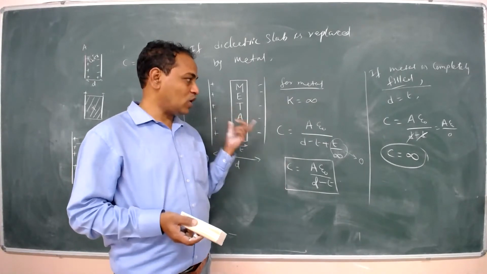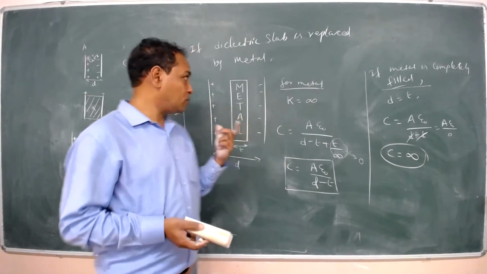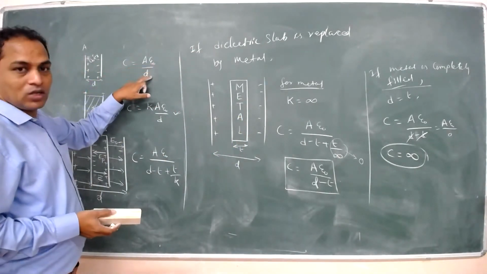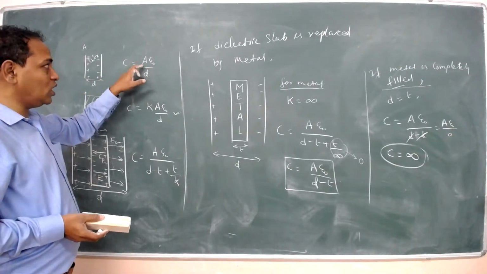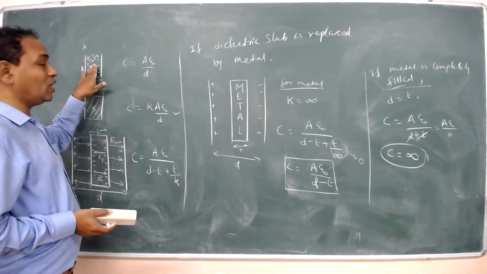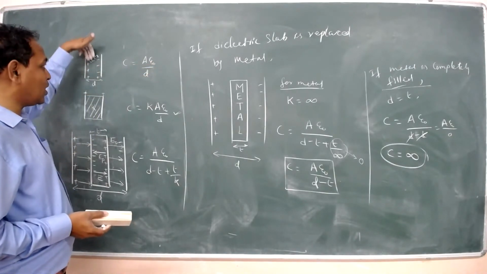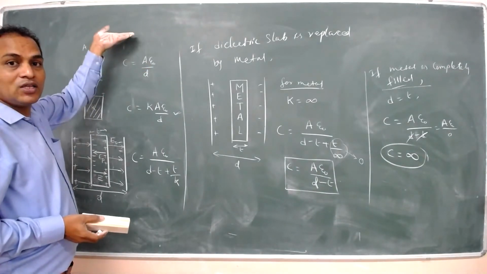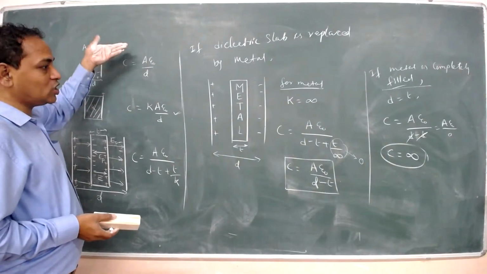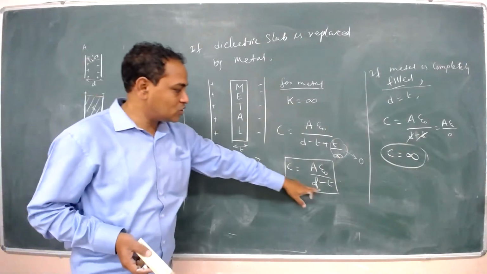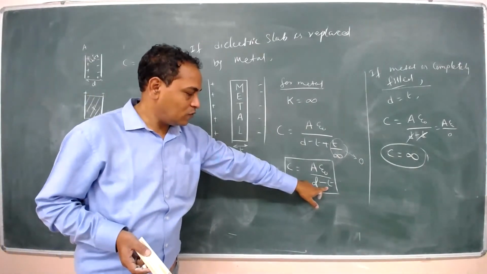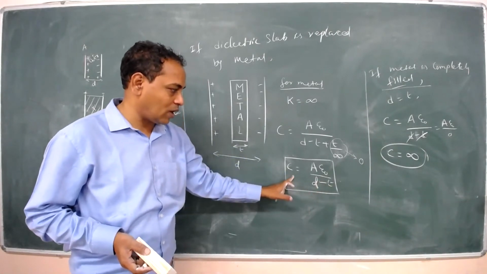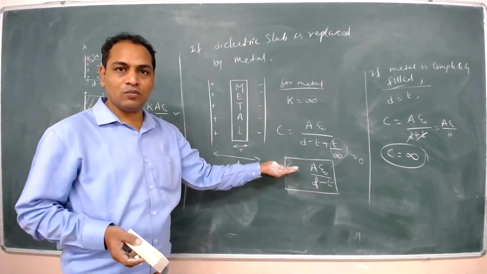Previously, it was only A epsilon naught by D when only air was there. Now the capacitance increases, and how much it increases depends upon the thickness. If the thickness increases, the denominator will become smaller, that is, the capacitance will become further more.